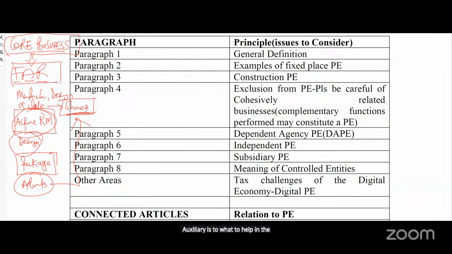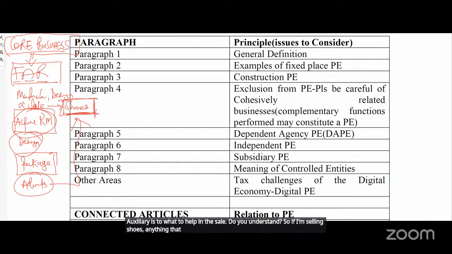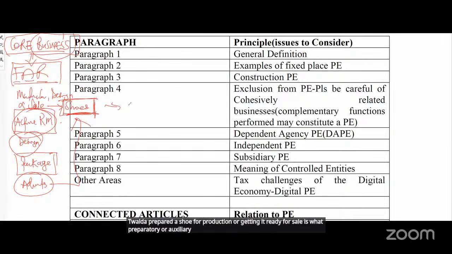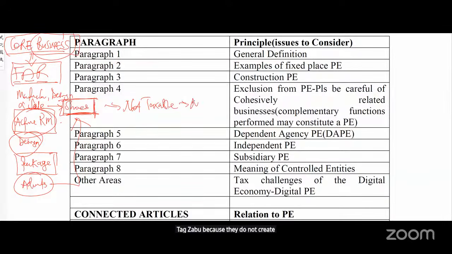If I'm selling shoes, anything that helps me to actually sell the shoes and generate money becomes the business of the enterprise. But anything that is just helping to either prepare the shoe for production or get it ready for sale is preparatory or auxiliary. All preparatory or auxiliary activities are not taxable because they do not create a PE. Why? Because no revenue happens.